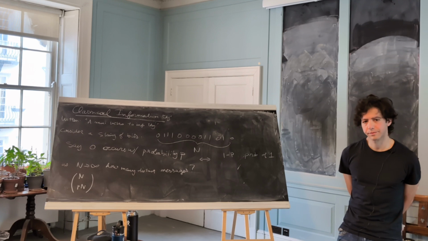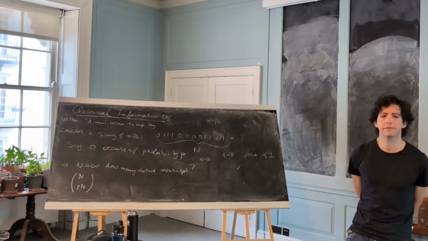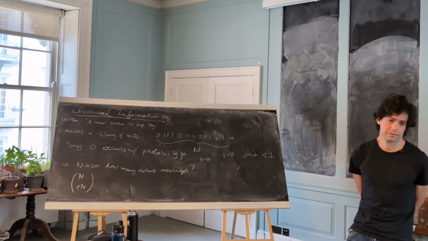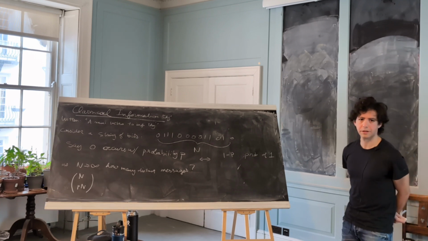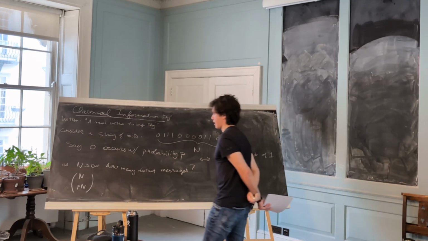How many distinct messages, right? As n tends to infinity. I think the confusion is what it means to say zero occurs with probability p. It means that every message will have, on average, n times p zeros. That's not the number of distinct messages.